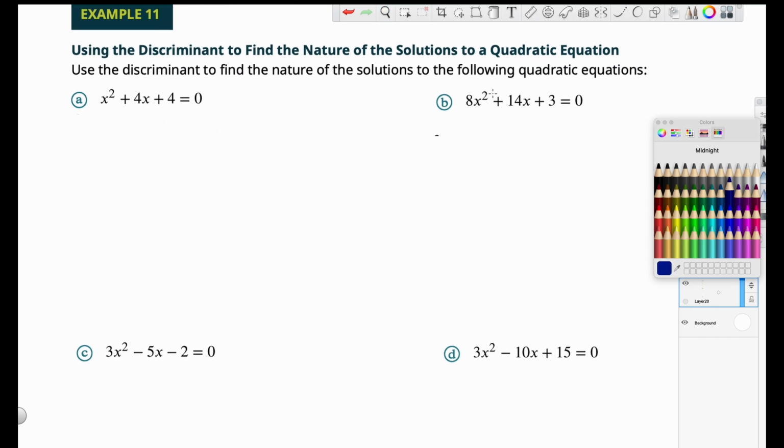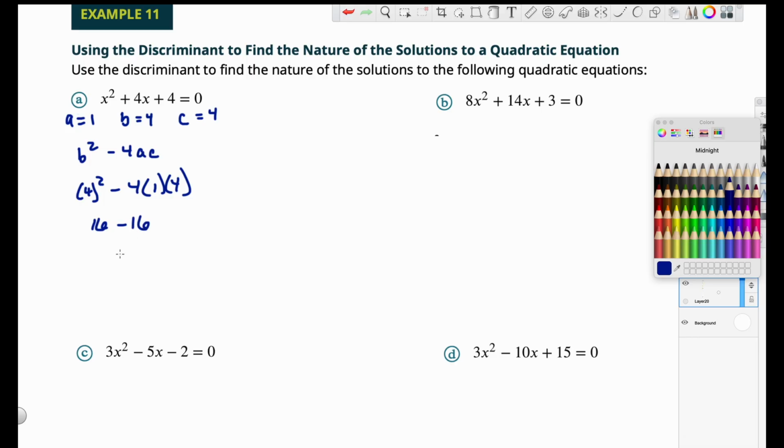The question is, use the discriminant just to determine the nature of the solutions. We're not actually solving it here. So we know that A is 1, B is 4, and C is also 4. Our discriminant is b squared minus 4ac. So we're just going to evaluate this. 4 squared minus 4 times 1 times 4. 4 squared is 16, and a is 1 and c is 4, so minus 16.